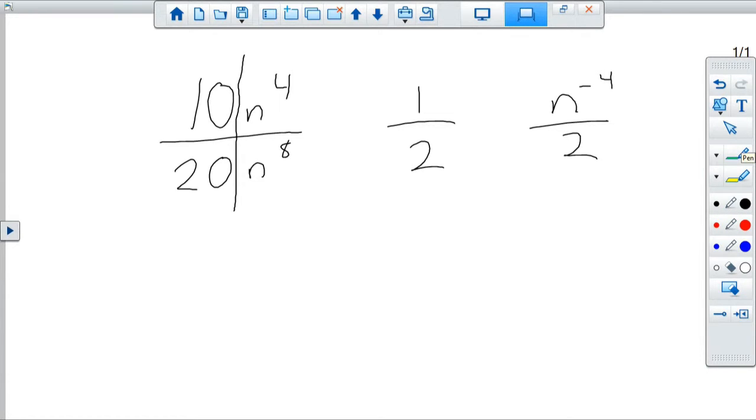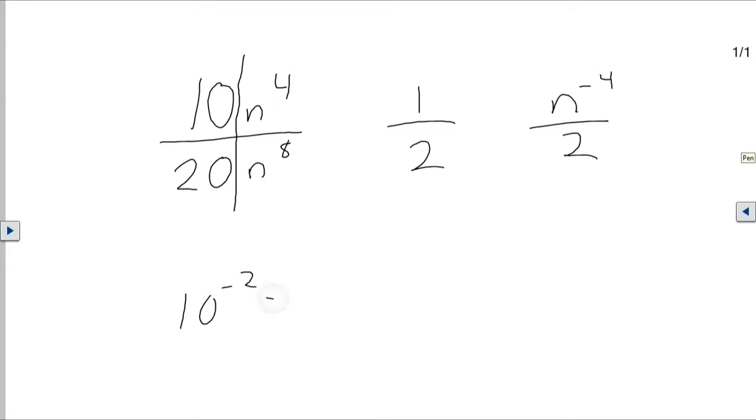A number to a negative exponent, the example we used was 10 to the negative 2nd, is equal to 1 over 10 to the 2nd. So in this case, n to the negative 4th, we use the positive form of the exponent and put it in the denominator, and our numerator becomes 1.